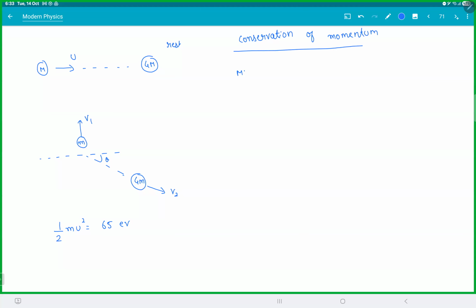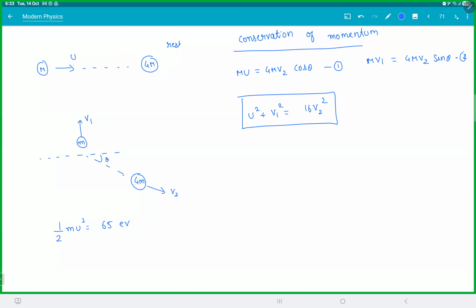So initial momentum will be mu is equal to 4m v2 cos theta. Vertical momentum: mv1 must be equal to 4m v2 sine theta. There, square it on both sides. You'll end up with u square plus v1 square is equal to 16 v2 square. There, you eliminated theta from there.